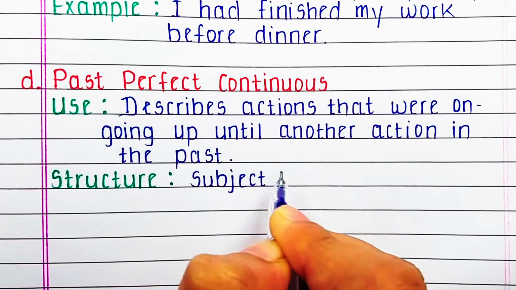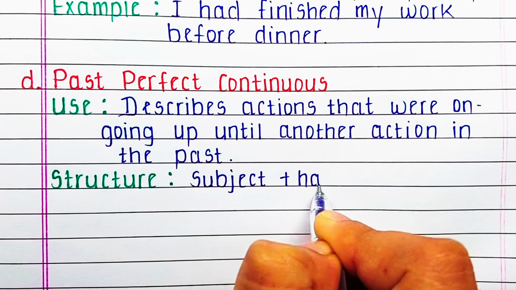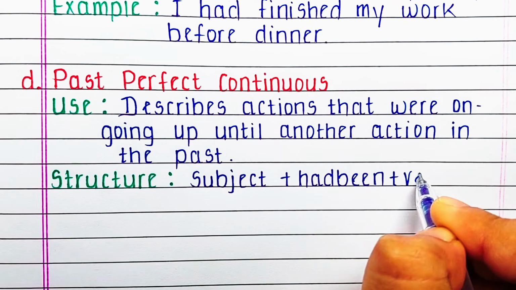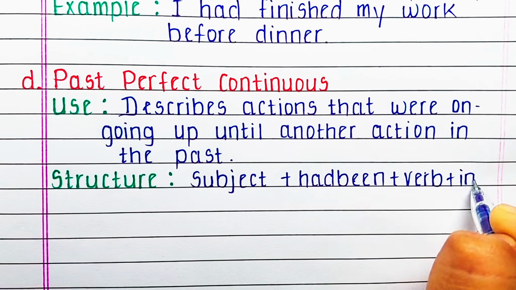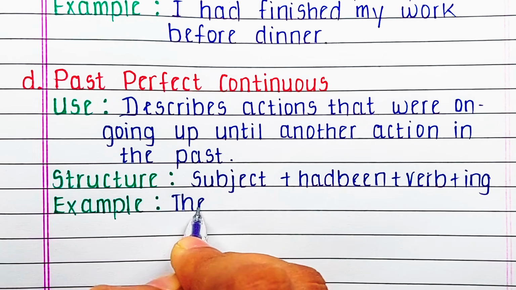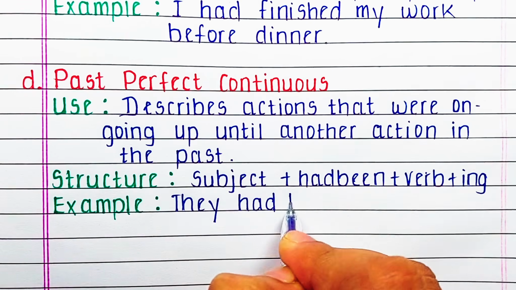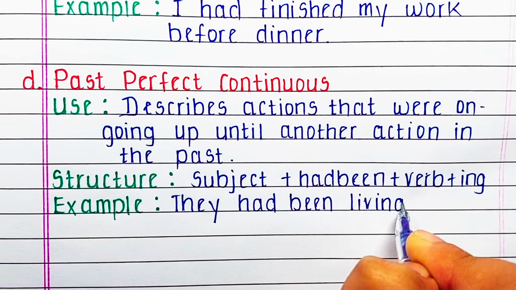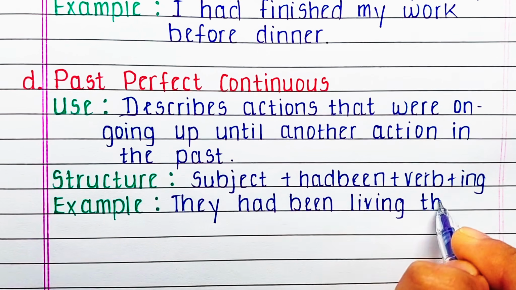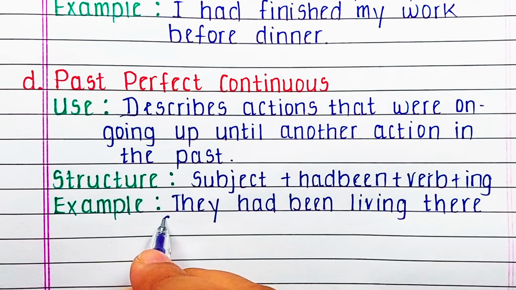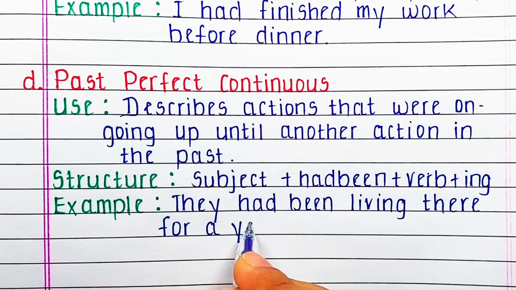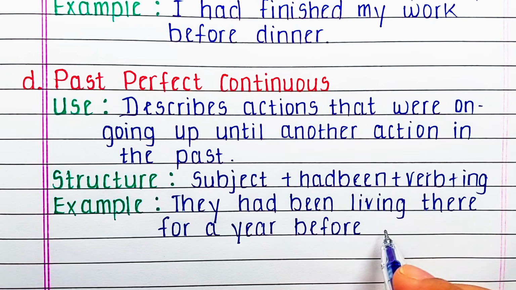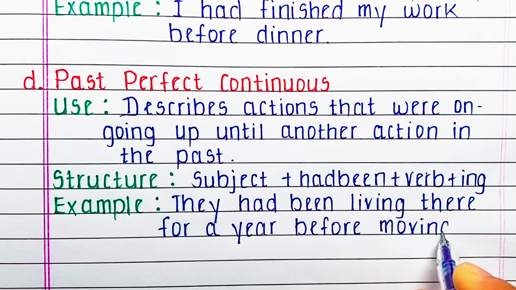Let's discuss its structure. Subject plus had been plus verb plus present participle form, that is ing. For example, they had been living there for a year before moving.